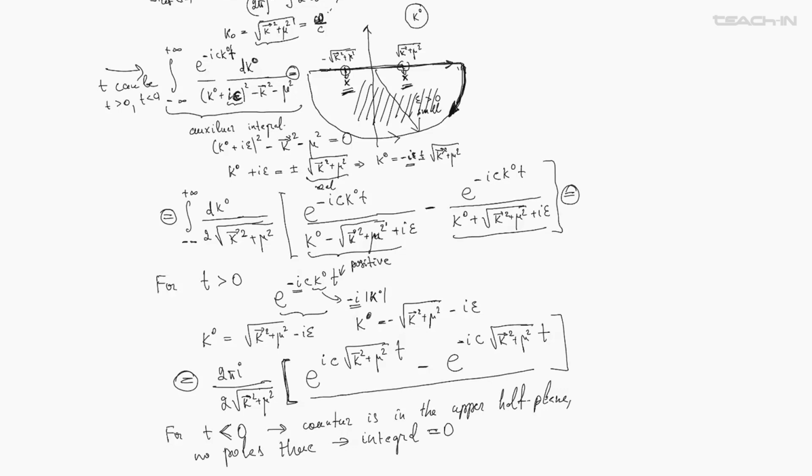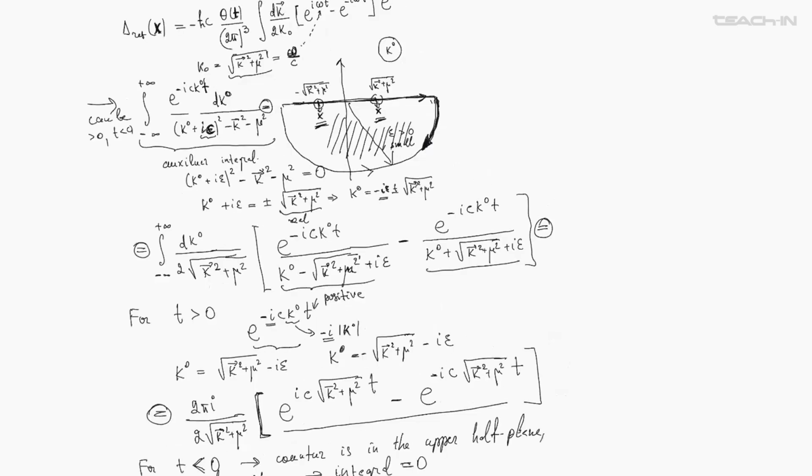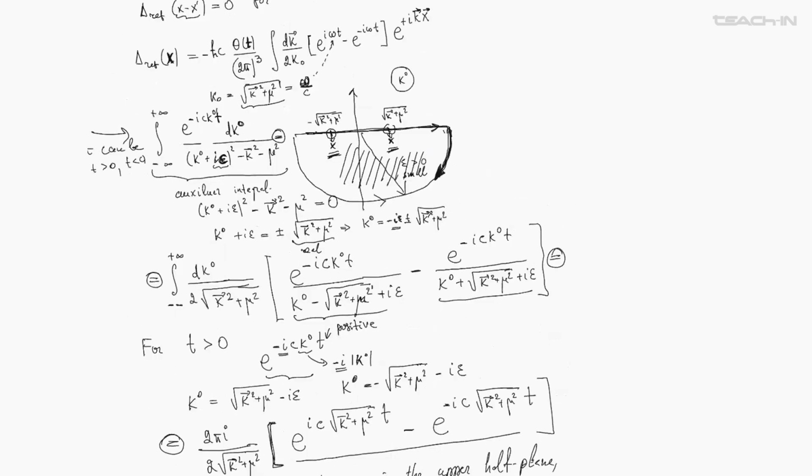On the other hand, if you now look at this answer we obtained for t positive, and you return back to this expression here, you see that what this integral is, in fact, is exactly what stands here.